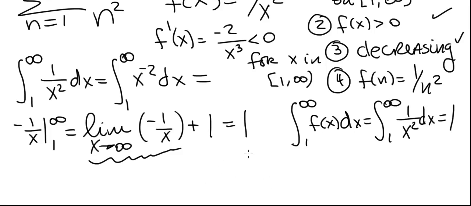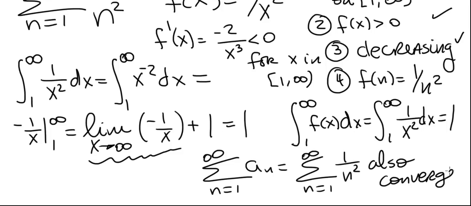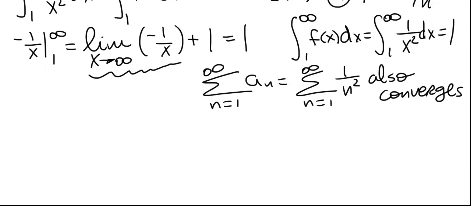So what we can conclude from that is that the series, the summation from 1 to infinity of a sub n, which in this case is the summation n equals 1 to infinity of 1 over n squared, also converges. What we cannot conclude is that the series converges to 1. That is not true.